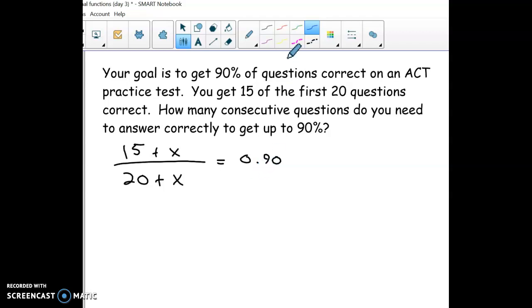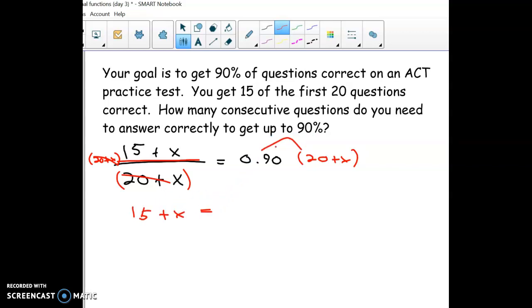Probably how I would go about solving this is a little bit tricky math, but this fraction bar means divide. So I'd multiply both sides by 20 plus x. Sorry, that didn't show up very well, but it doesn't really matter because on the left-hand side, the whole point is to get it to cancel out, leaving you with just 15 plus x.